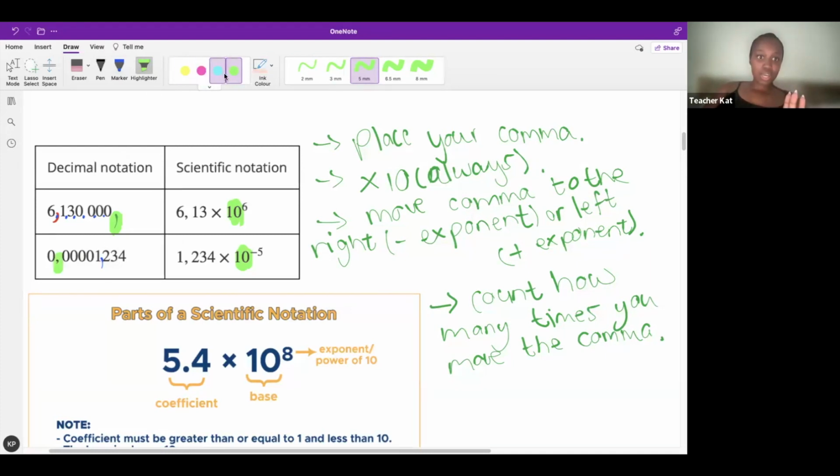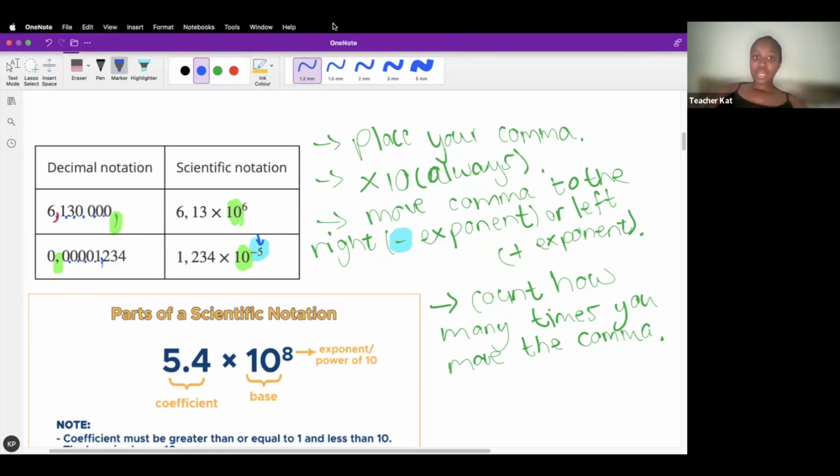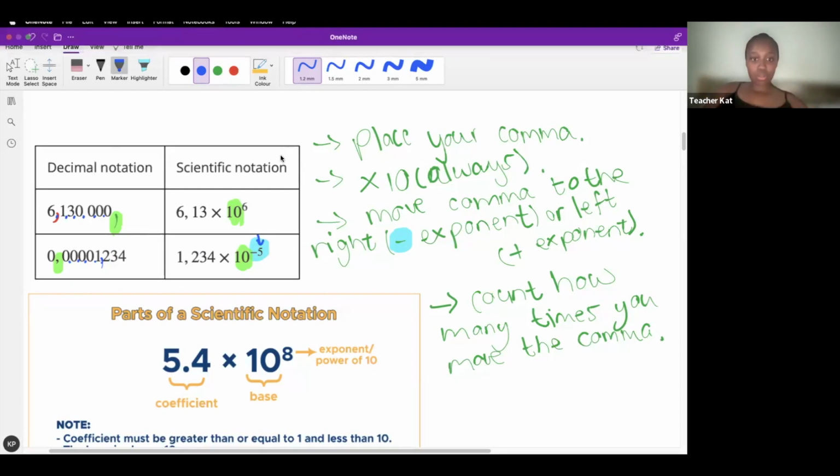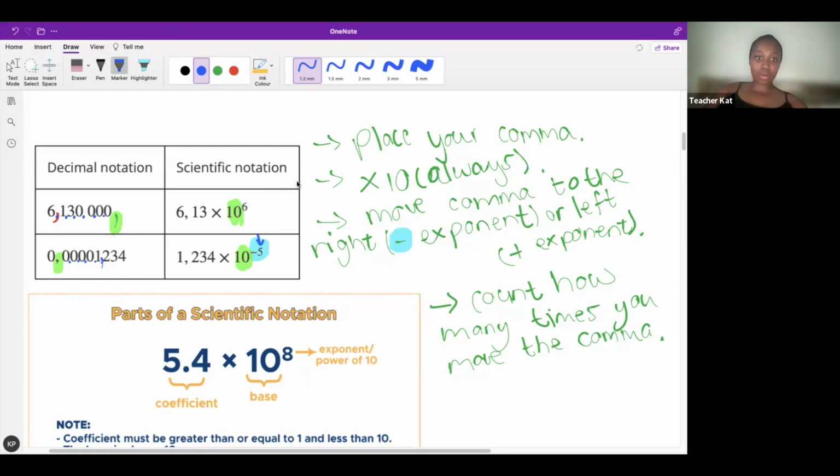And if you look here, right means negative exponent. So that's where that negative comes from. And if we're counting, we start over here, 1, 2, 3, 4, 5. That's where this 5 comes from. Okay, guys. Hopefully we got that all under control and we all understand.